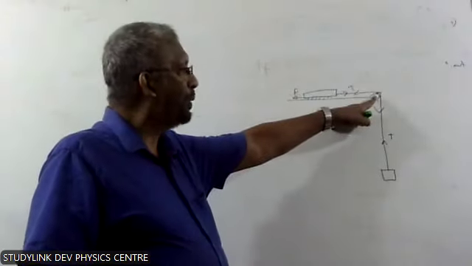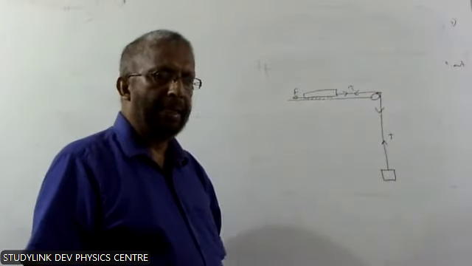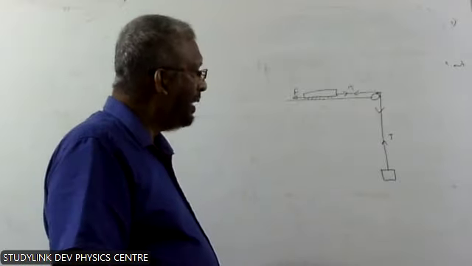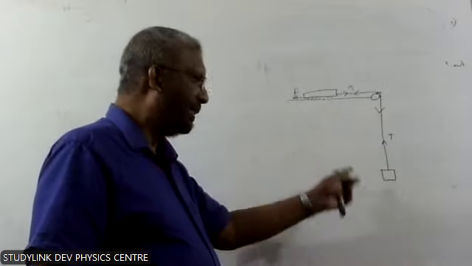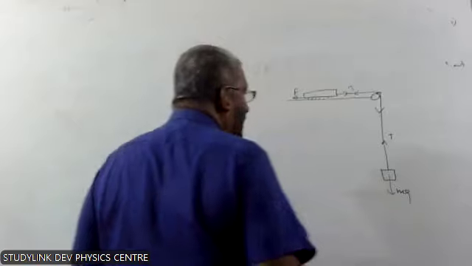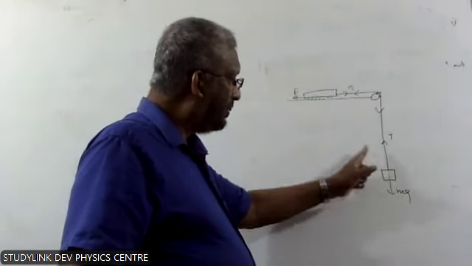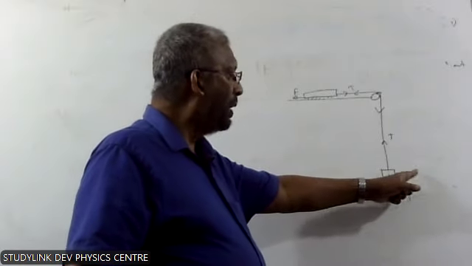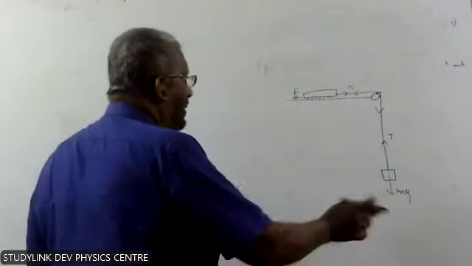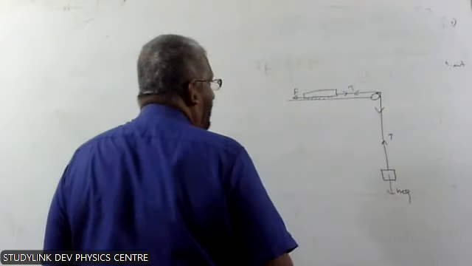Normally this should be a smooth pulley, and the strings must be light and inextensible. But if the question doesn't say everything, you just write the condition and do it. So this is mg. Normal theory, I said it. F equals ma here. T minus mg is equal to m into 0. Why? No acceleration, going with constant velocity. In that class I explained that, but this is one type.